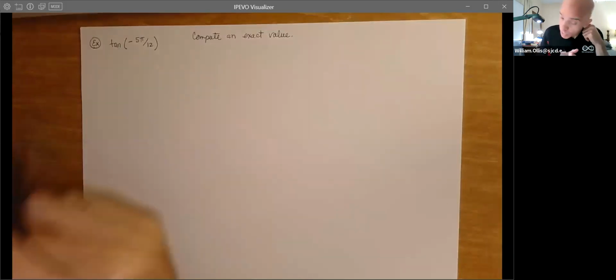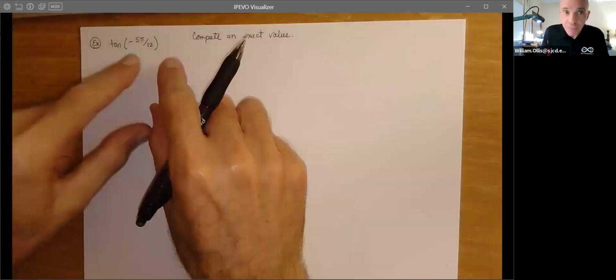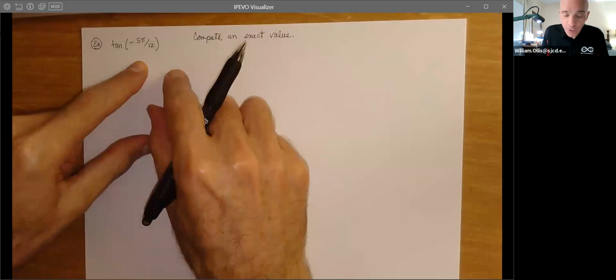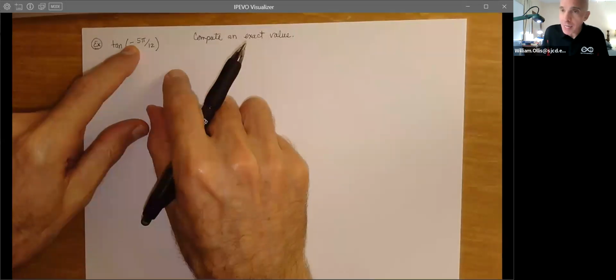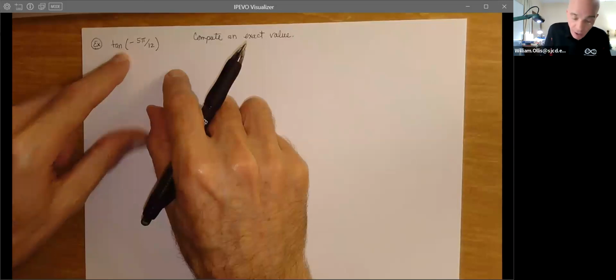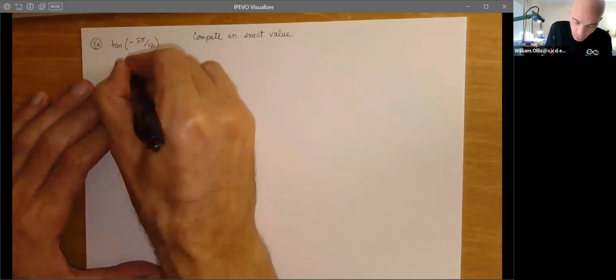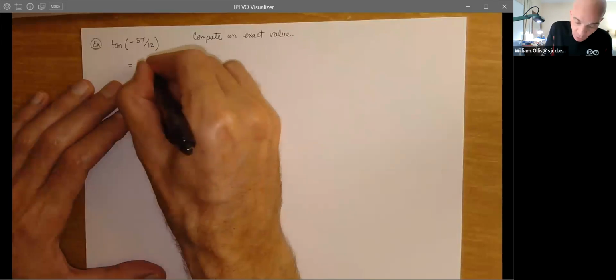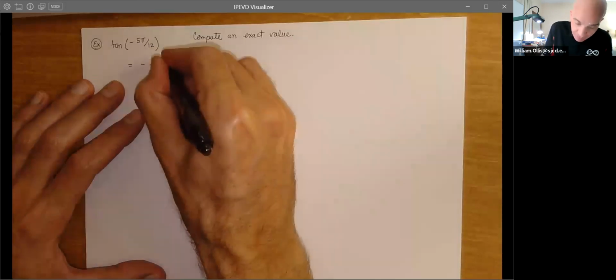So now notice you're thinking, okay, well, we'll do the same thing we did before. First, we'll notice that we have a negative here, which we can already factor because we know the tangent function is odd. So don't deal with negatives when you're working with trig functions.